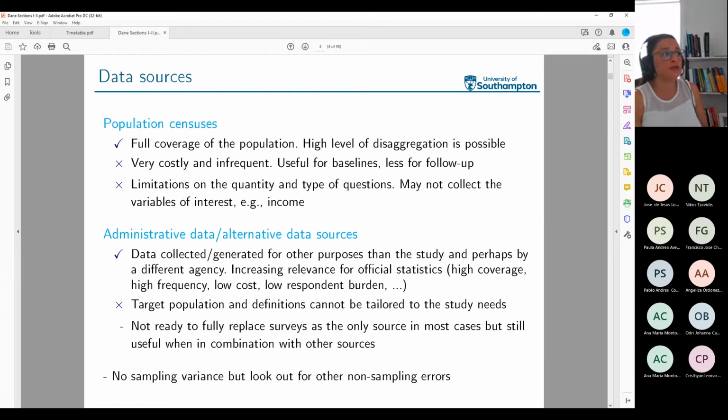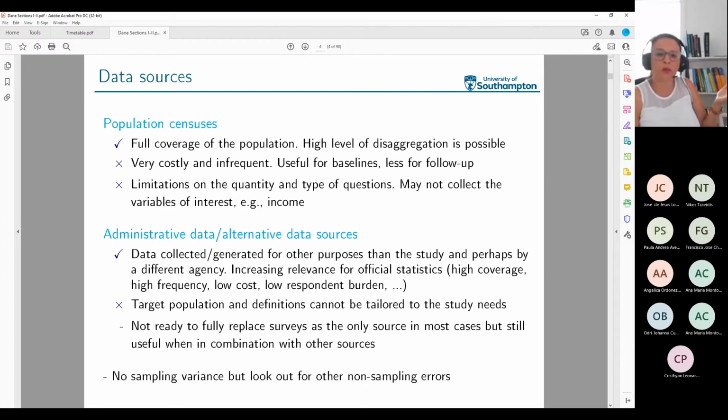Now, drawbacks in terms of administrative data are that the target populations and definitions cannot be tailored to the study needs. For example, in the case of the UK, for unemployment, you could use data that involves people that receive unemployment benefit. But is that your definition of what an unemployed person is?